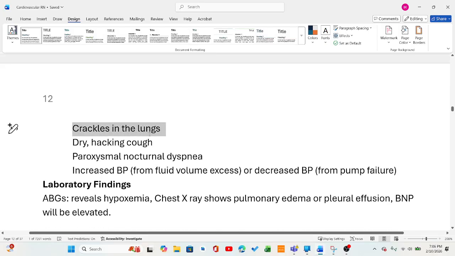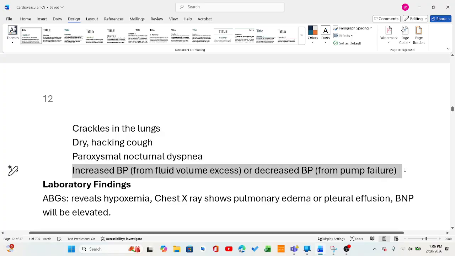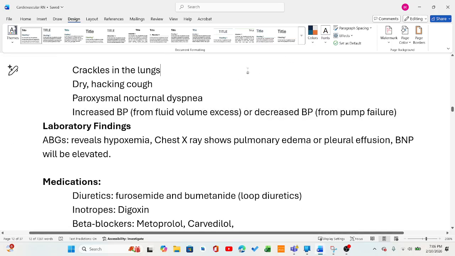When you listen to their lungs, you hear crackles. We have a dry, hacking cough. You see that these are all respiratory problems. Then we have difficulty breathing, especially at night. And again, the blood pressure will either go up or go down with a left-sided heart failure. So please know the difference between a left-sided and a right-sided heart failure.